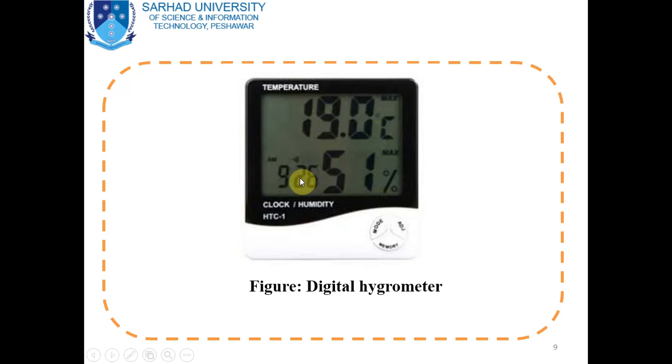On the left-hand side at the corner you can see the time. It is the digital hygrometer, determining the temperature and the humidity in percentage. You can see the screen.